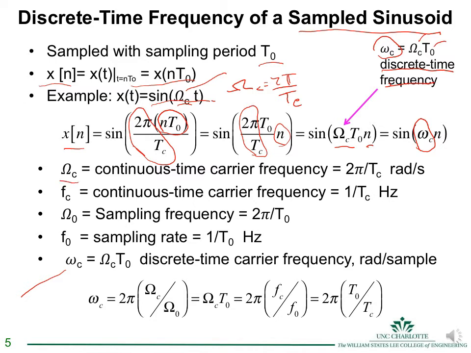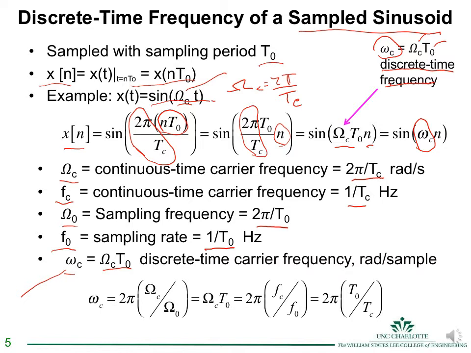And so here we have the definitions. The carrier frequency is 2 pi over the period in seconds. We could also say the carrier frequency in hertz is 1 over the period of the carrier. The sampling frequency, which would be 1 over t0 in hertz, can also be expressed in units of radians per second. So the discrete time frequency, again, is just omega c times t0.